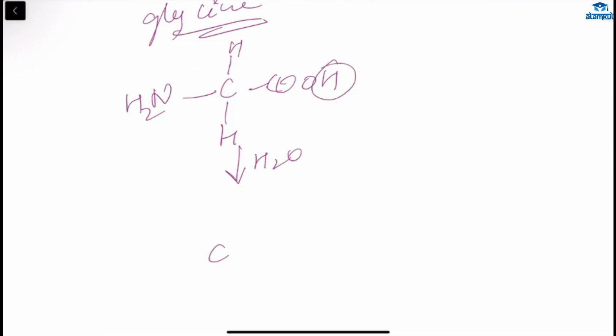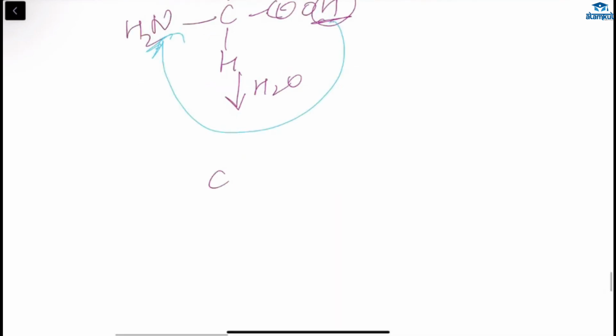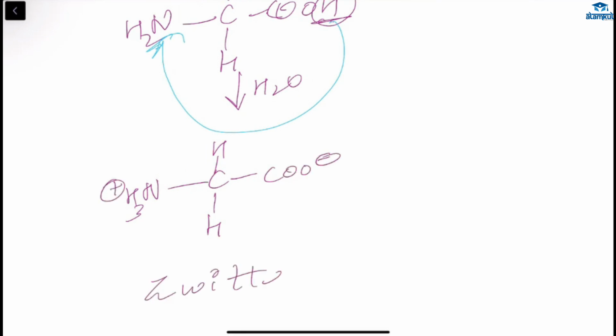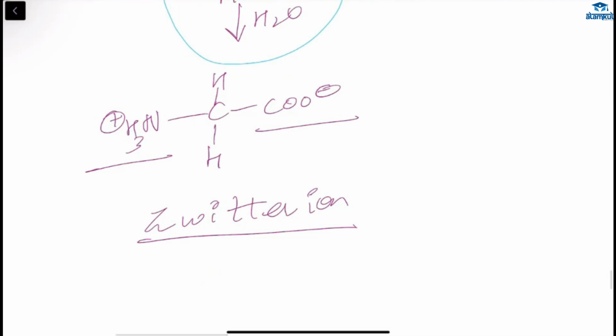This hydrogen will get removed, and since both the groups are attached, this hydrogen will be accepted by the amino group only. It will form the structure NH3 positive and COO negative. This structure is called zwitterion. Whenever needed, it will act as acid, and whenever needed, it will act as the base also, because both the things are present.